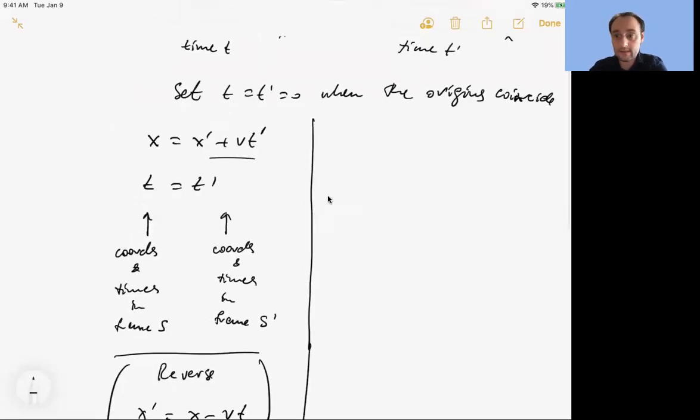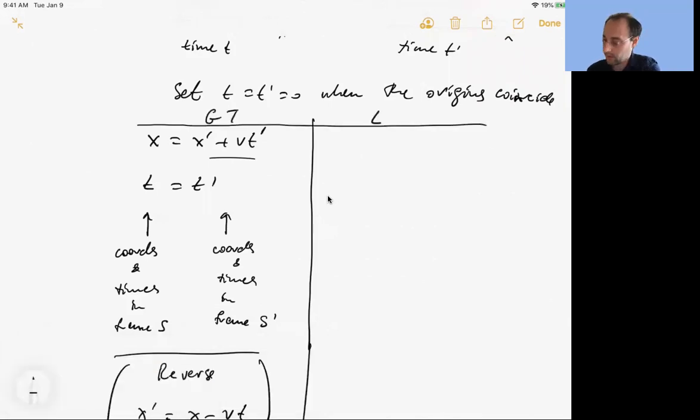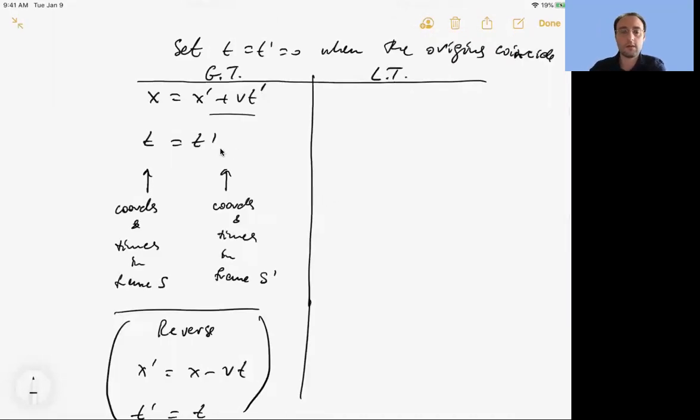Now I'm just going to state the Lorentz transformation. So this is the Galilean transformation, and this is the Lorentz transformation. So what is the Lorentz transformation for the coordinate? It reads the following. This is gamma.